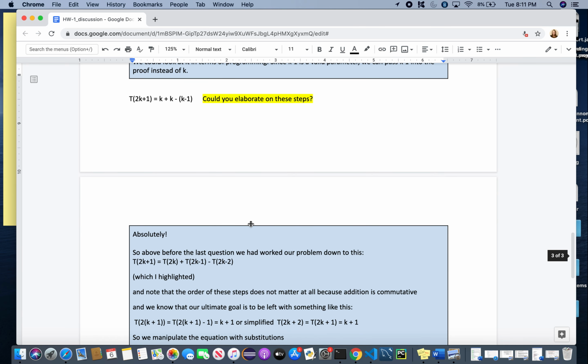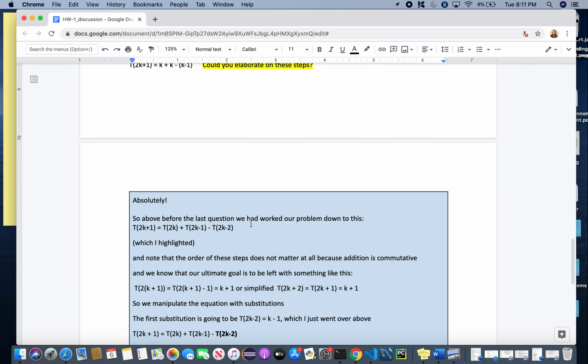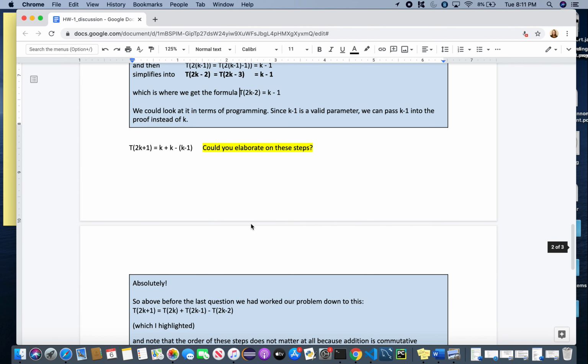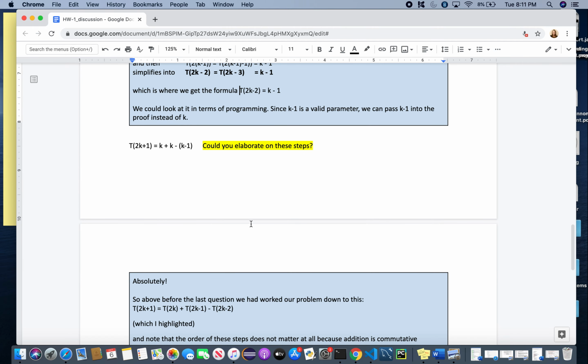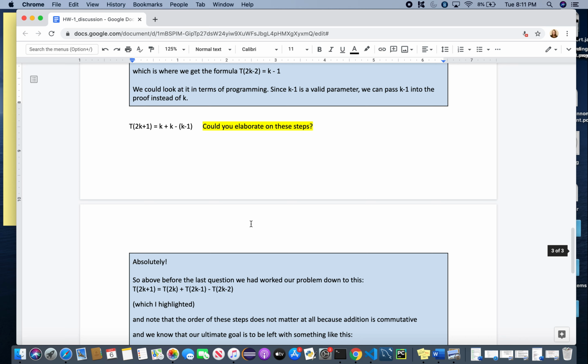This is a bunch of substitutions, and when you see the steps, you might say to yourself, why did she pick these substitutions? What was the significance of subbing out T(2k-2) for k minus 1? Why would anyone do that?